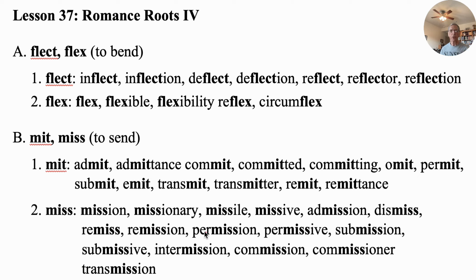Then the next one's pretty cool. Permission. Got a noun form there. We do have permit up here. And notice, even though it's spelt a little bit different, they're related there. So when you permit somebody to do something, that's called permission. May I have permission to call my mother? Permissive is an interesting word.